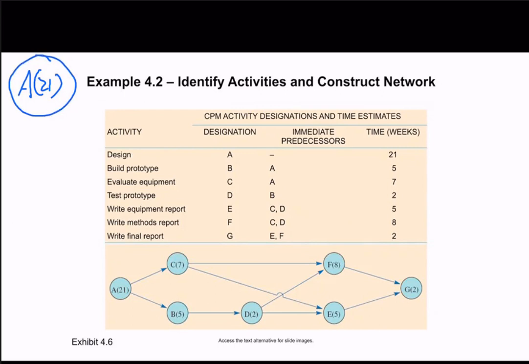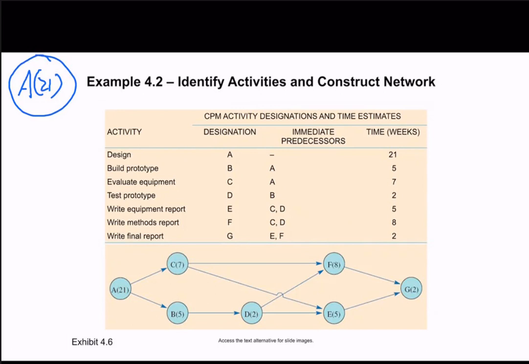The next step is we need to analyze all the activities. This is what we have for A. If we look at the immediate predecessors for A, the design activity, there is a short line, which means no immediate predecessors for A. So A is the beginning.